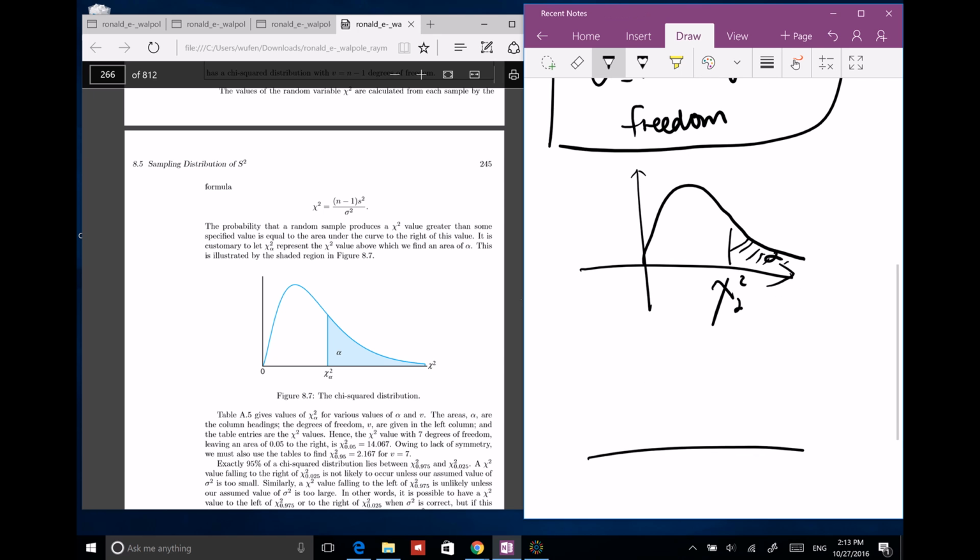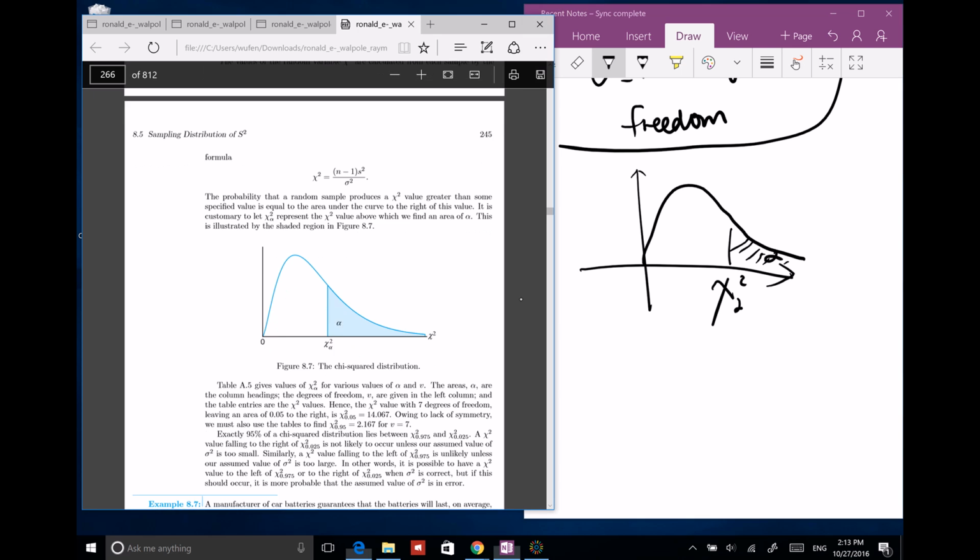If you remember, the normal distribution gives you the area to the left, but now it is the area to the right. So the probability that a random sample produces a chi-square value greater than some specific value is equal to the area under the curve to the right of this value. It is customary to let chi-square alpha represent the chi-square value above which you find the area alpha.